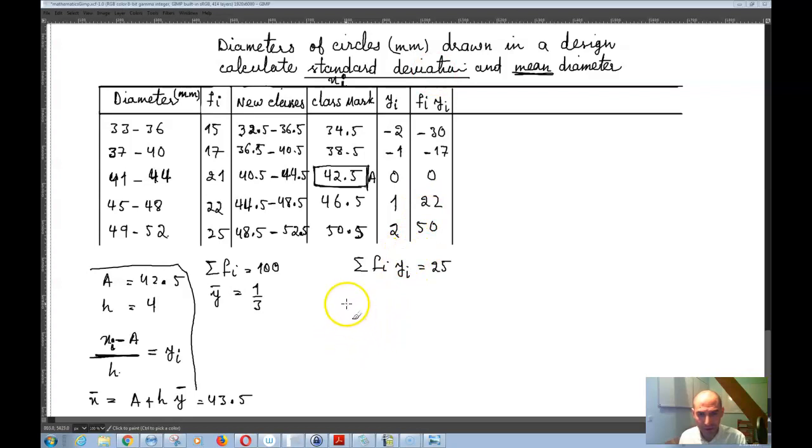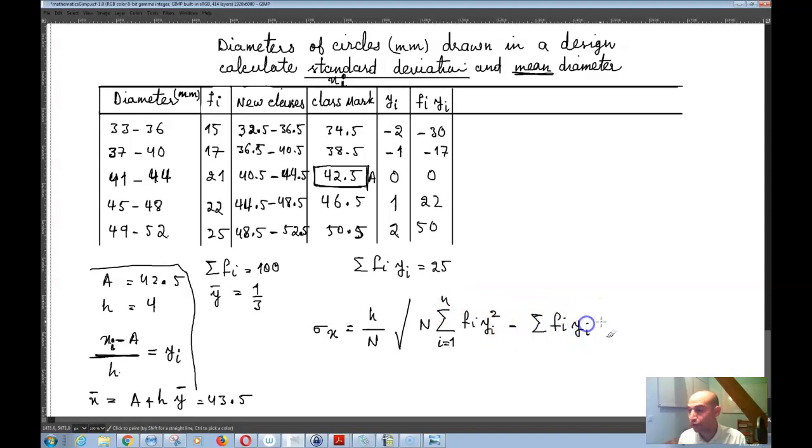Standard deviation is basically sigma, and that is equal to sigma of x, meaning the standard deviation of variable x is equal to h over n times the square root of n times sigma of f of i times y of i squared as i goes from 1 to n, minus sigma of f of i times y of i all squared.